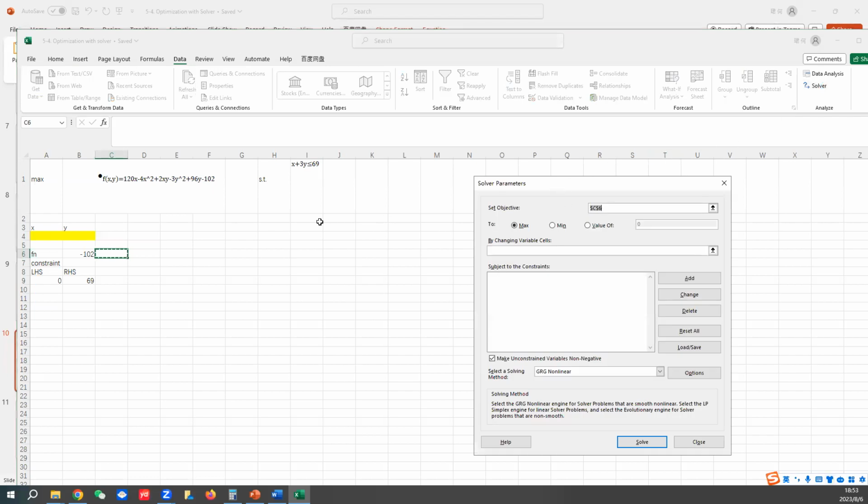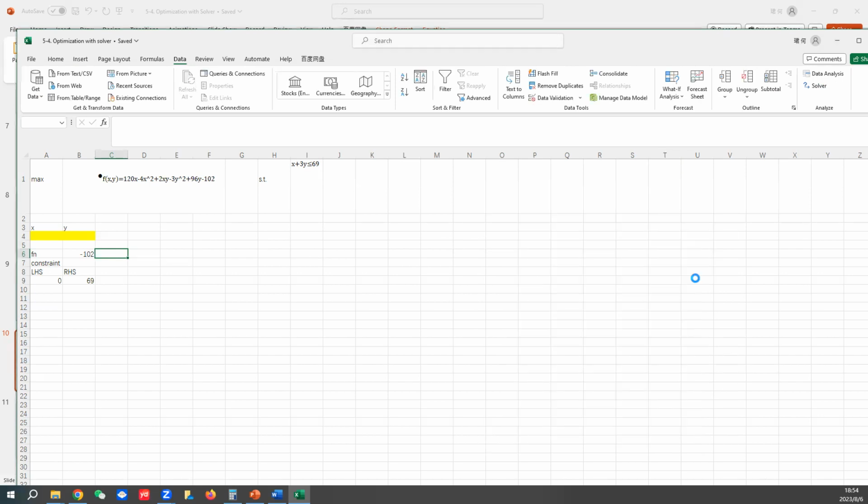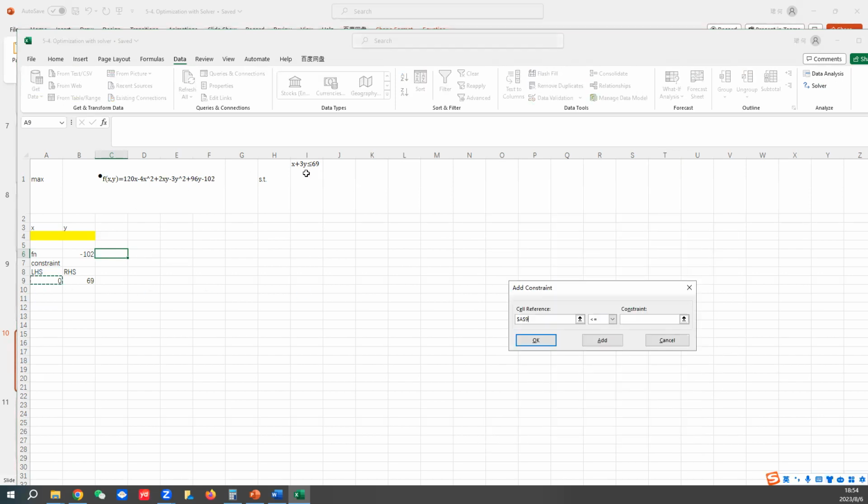What we are to do is maximize this function, by choosing x and y, by solving out x and y, subject to the constraint that your left-hand side is smaller or equal to the right-hand side.